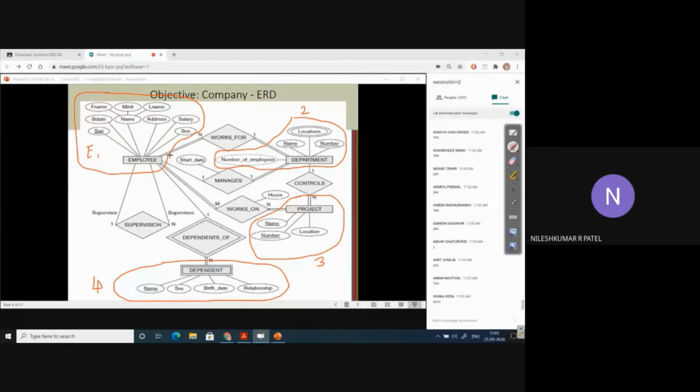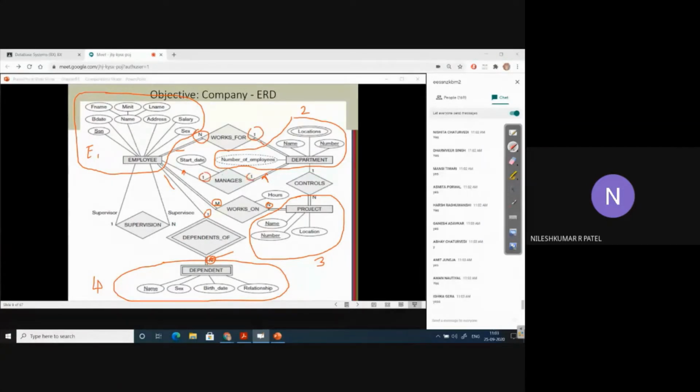At some points you will find double parallel lines, here also parallel lines, here a single line, here double lines, here only a single line, and so on. That is participation. Sometimes you see M, N, that is cardinality ratio. 1 is to N, N is to 1, 1 is to 1, again cardinality ratio.